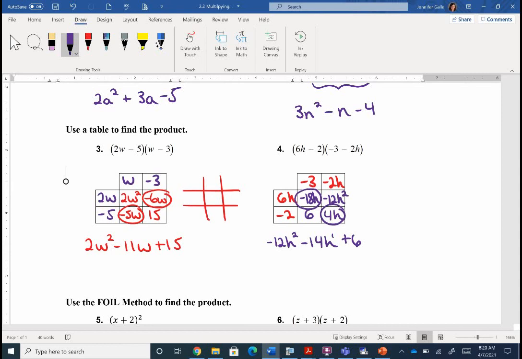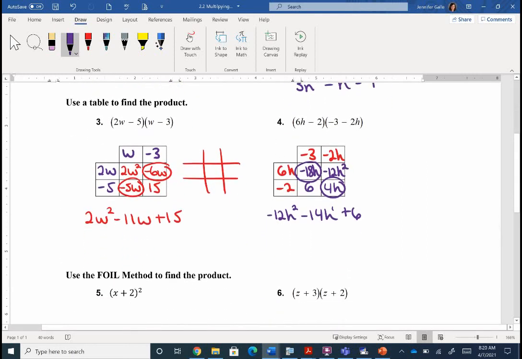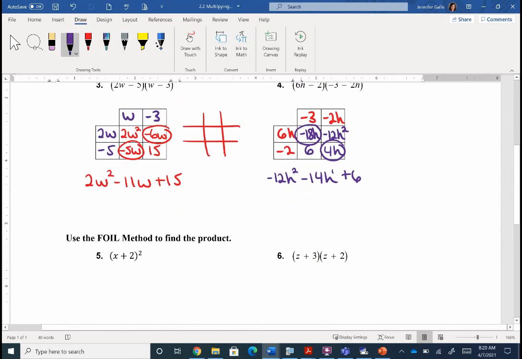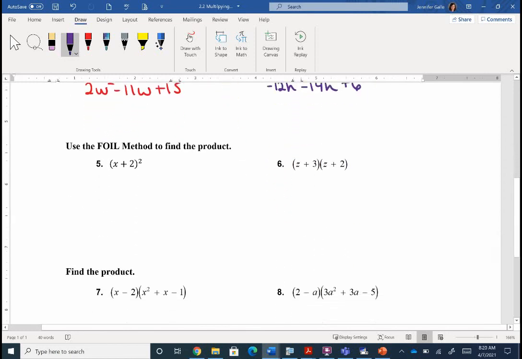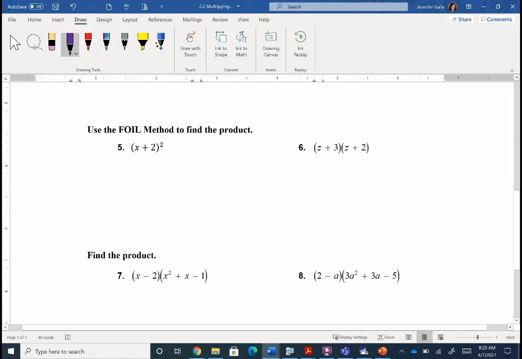All right, so far, guys, our 2 methods. We split apart our 2 binomials into 2 simpler distribution type questions, or situations, I should say. Our second method, we used a little table to help us organize our multiplication. Our third method is a little acronym method. It's called the FOIL method. The F in FOIL stands for first.